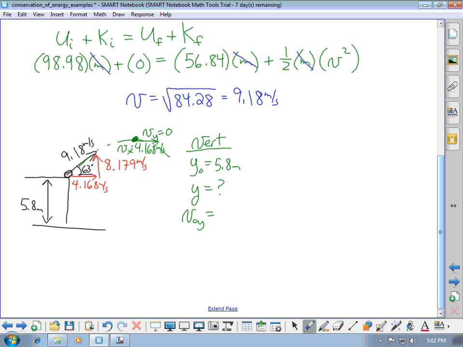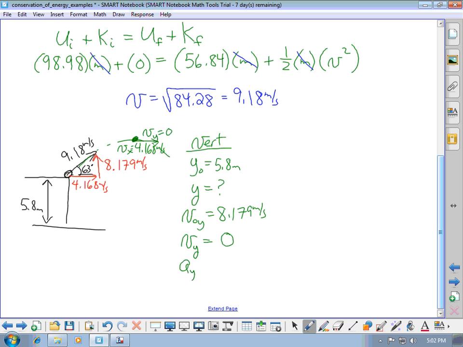So the initial vertical velocity, again, that's the 8.179 meters per second. So that's her vertical velocity as she leaves the end of the slide. The final vertical velocity is 0, because when she reaches her maximum height above the water, the vertical velocity is 0.